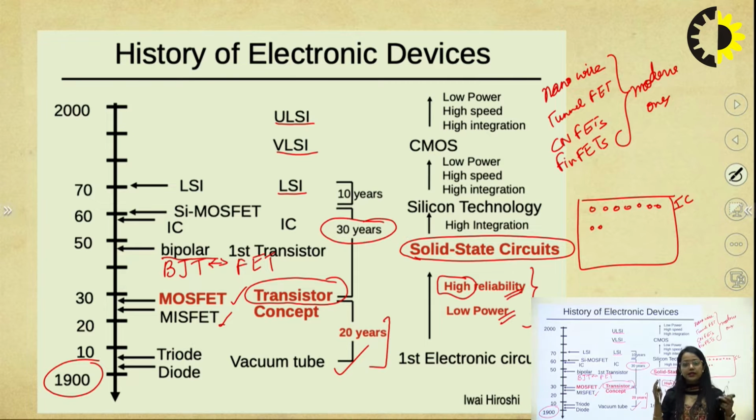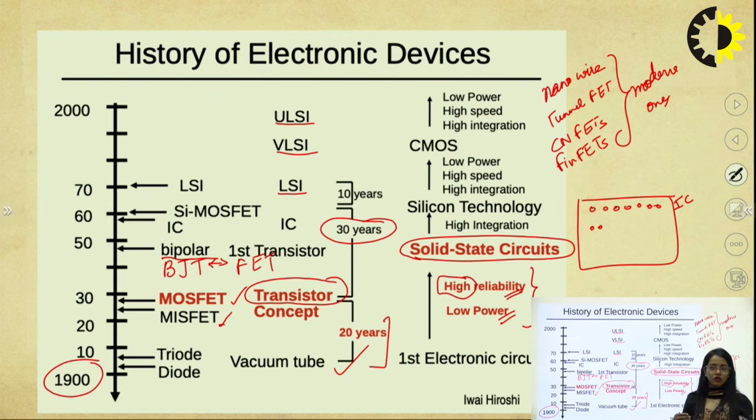When we are integrating, we are putting together more and more transistors, so the integration is increasing. When we say integration is increasing, we only mean that the density on one single chip is increasing, density as in number of transistors. So we are accommodating more and more transistors on one single chip.